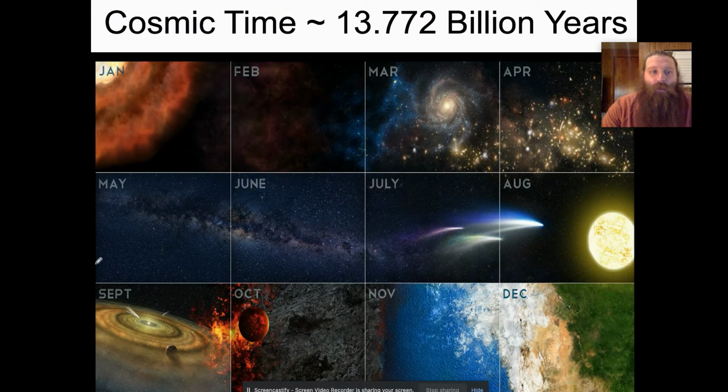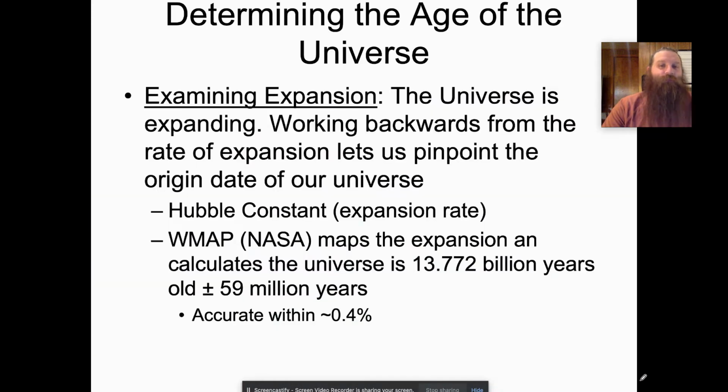This is called a cosmic calendar. It compresses all of known time into a 12-month period. The emergence of the Earth is sometime in October, and human beings are in the last 5 seconds before midnight or so. So cosmic time you probably talked about in Earth science.